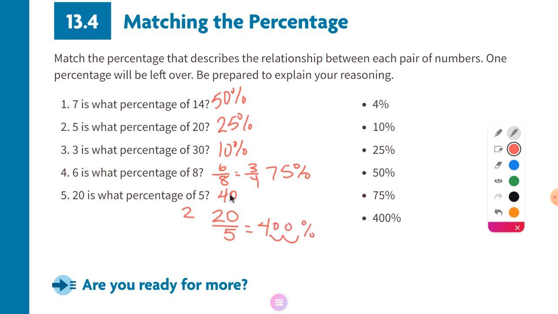Why does that percent seem weird? Because it's over 100, but once you solve it, think about, does it make sense? 400% of 5 is 20. Our part is way bigger than our whole. To take 400% of a number, you multiply it by 4. What's 4 times 5? 20.